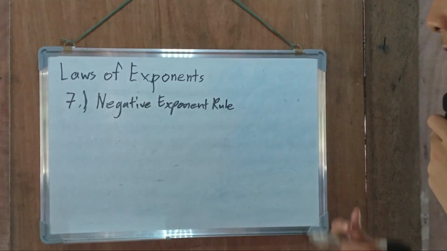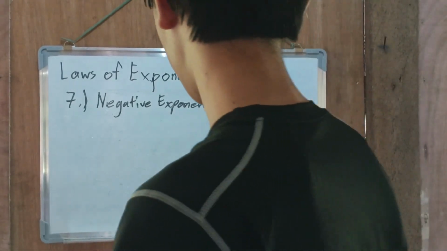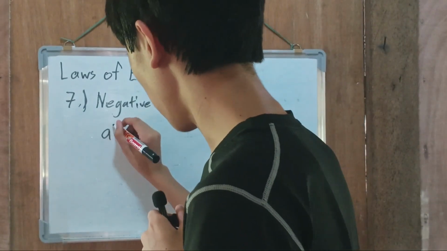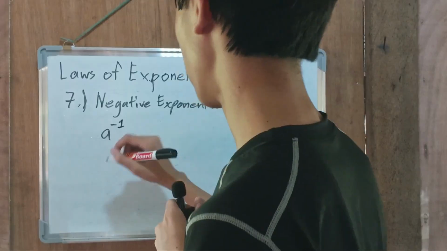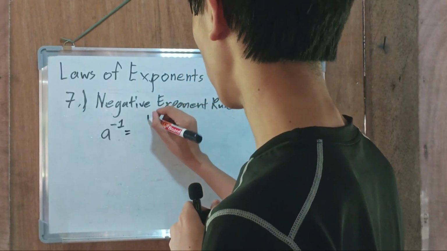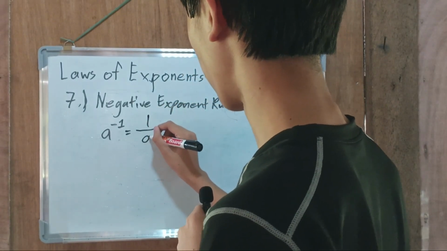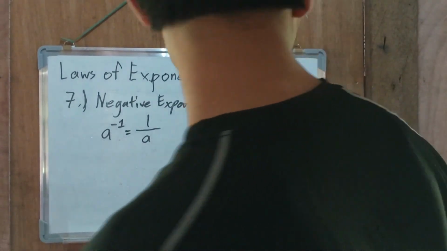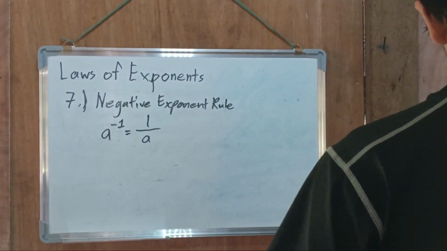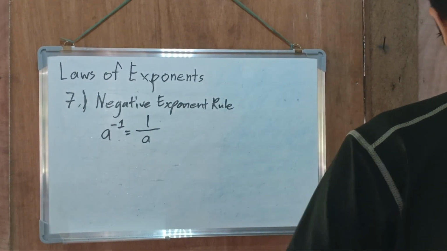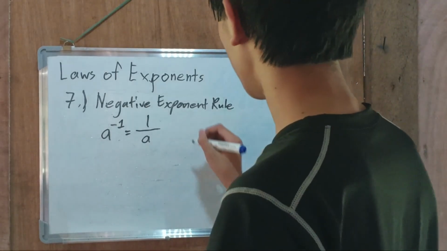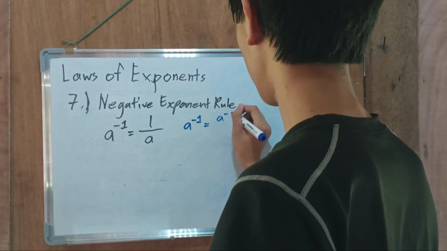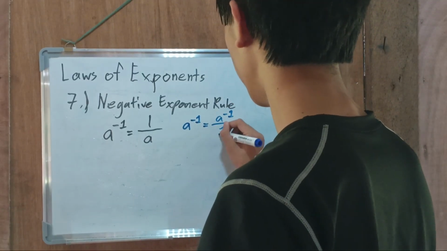Okay. The negative exponent rule states that whenever a variable or a constant is raised to a negative number like negative 1, this will be equal to 1 over a. The reason why is very simple. I'm just going to make it in detail. Now, a to the negative 1 equals a to the negative 1 over 1.